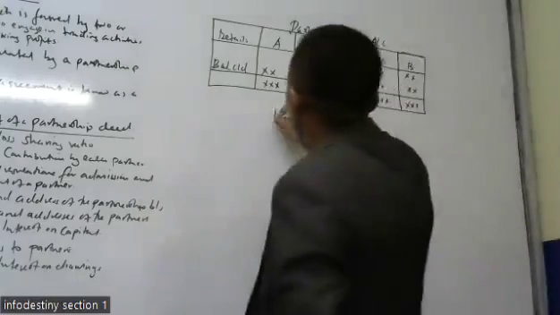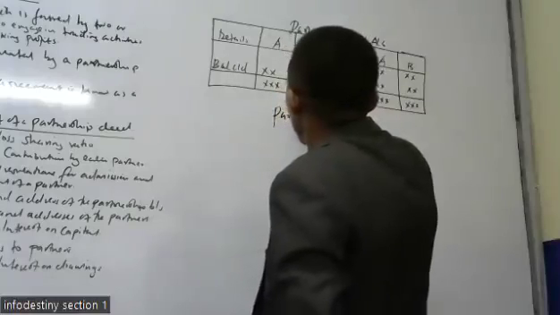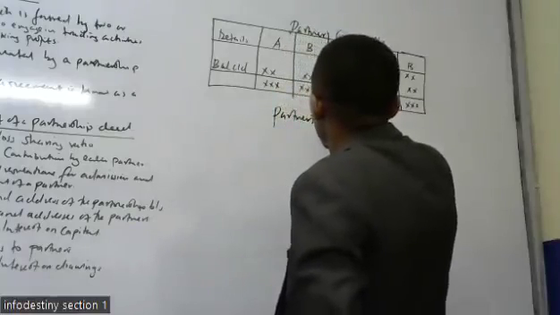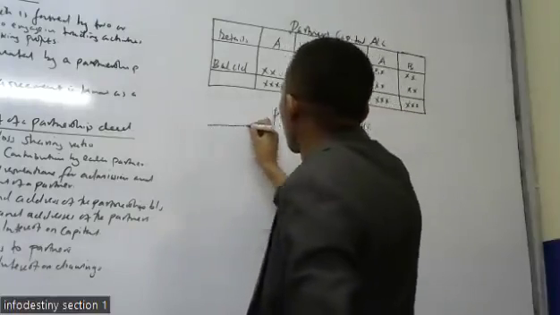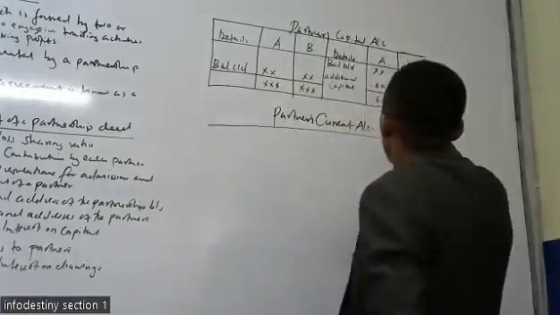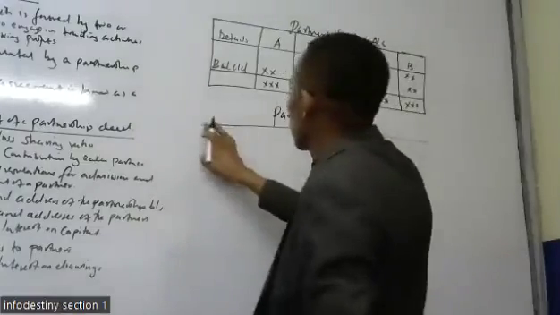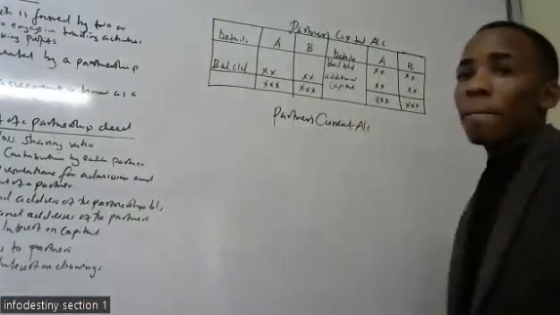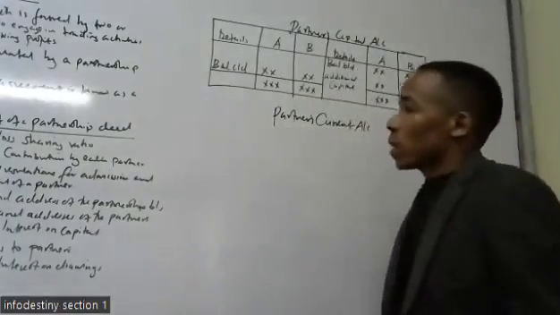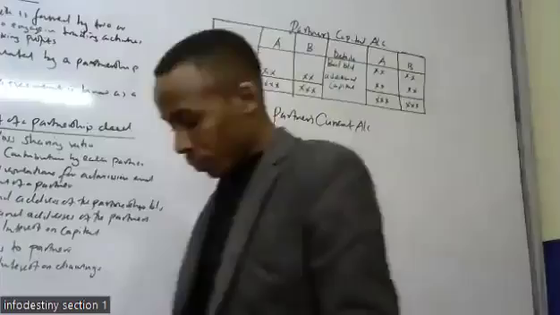Then the next one is the partners current account.